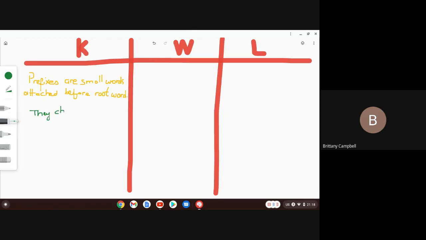They change a word meaning. All right, so do we know anything else?